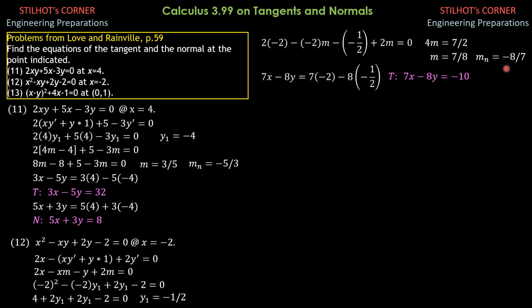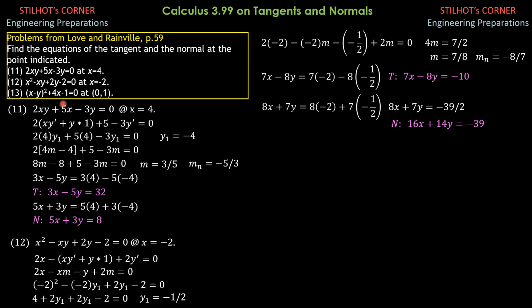For the normal, it is 8x plus 7y equals 8 times negative 2 plus 7 times negative 1 half. So 8x plus 7y equals negative 16 and negative 3 halves, that's negative 39 over 2. Multiply everything by 2. So the normal is 16x plus 14y equals negative 39.